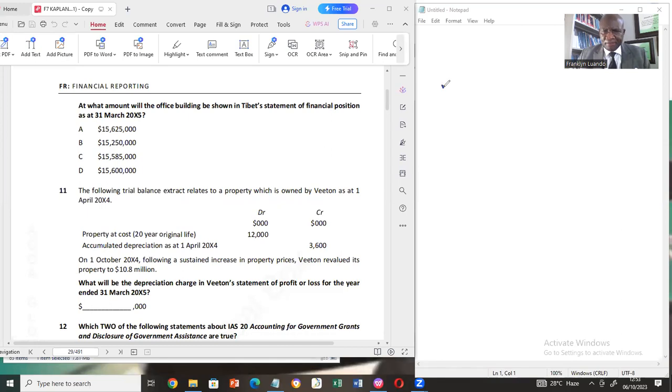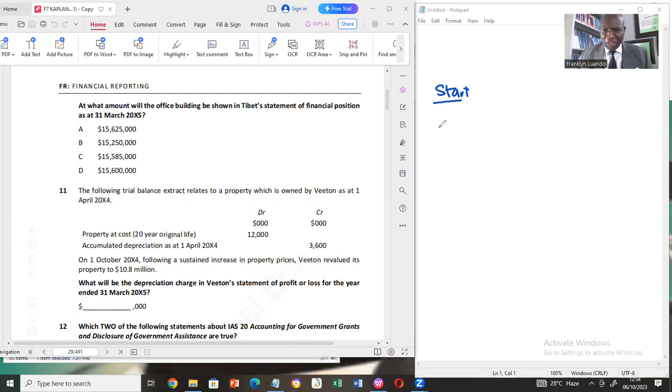Start of the year. If property such as buildings is revalued at the start of the year, depreciation is based on the revalued amount using the remaining number of years. Very important.